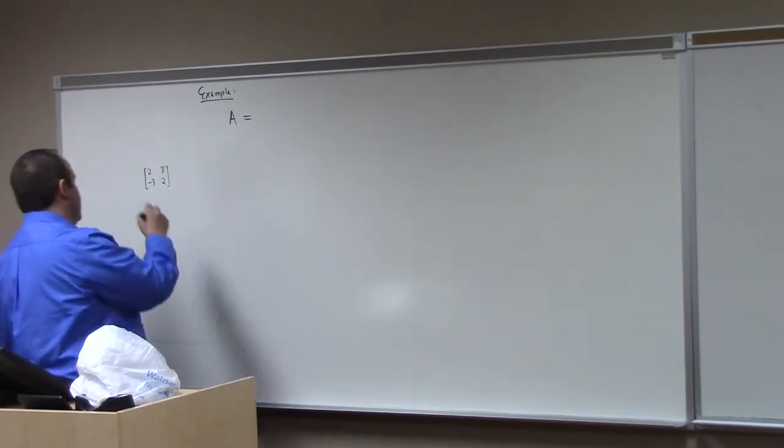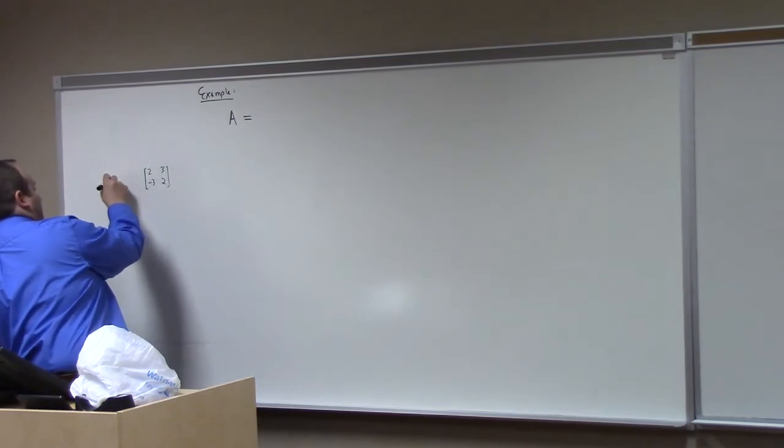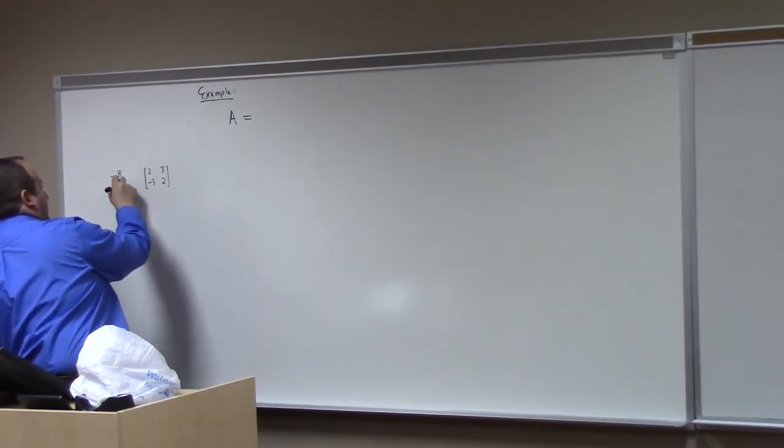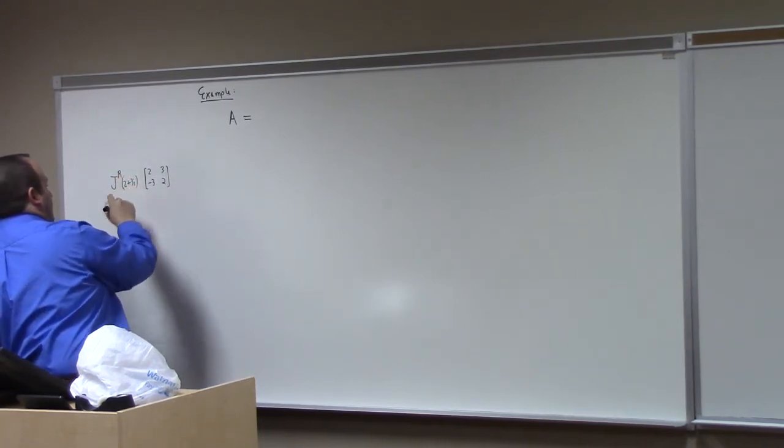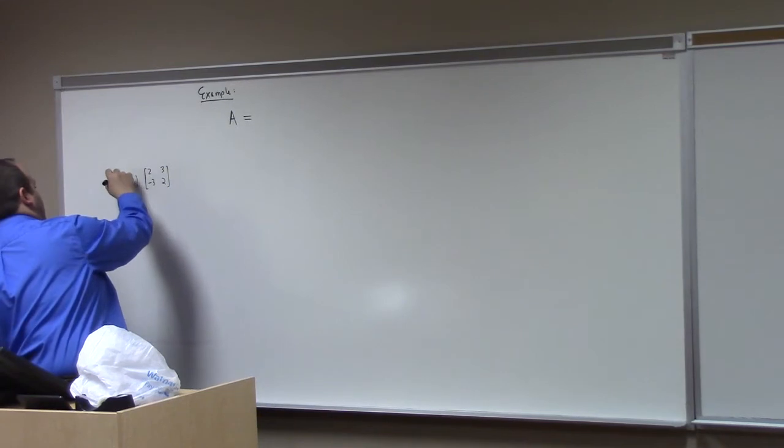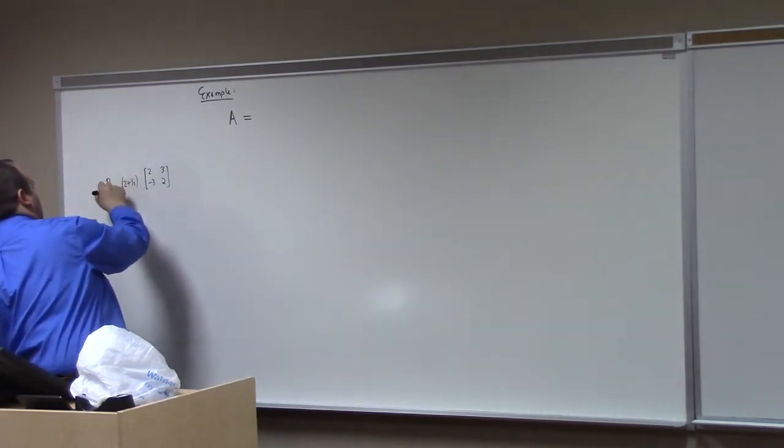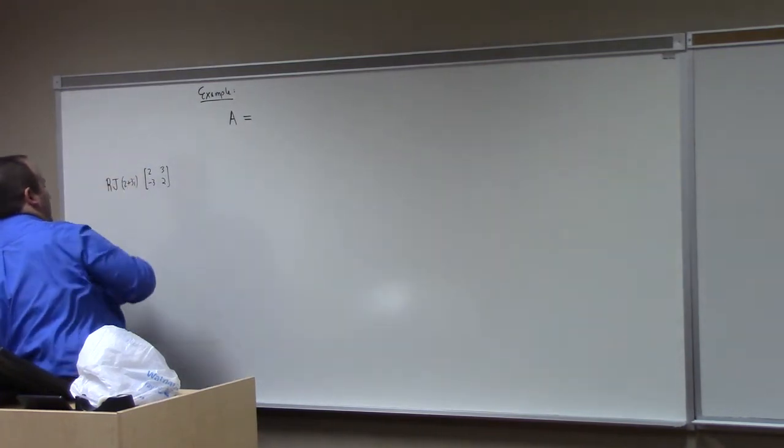How about this? This would be the real Jordan form of 2 plus 3i, something like that. Let me do real Jordan of that.